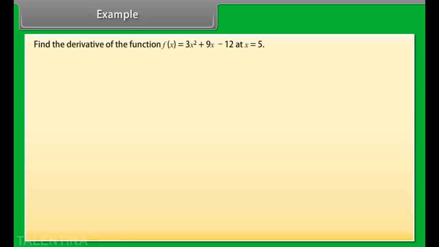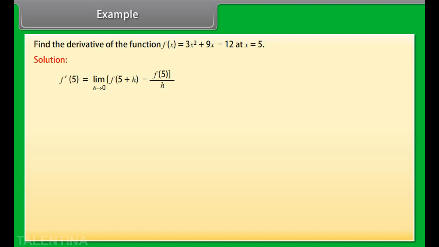Example, find the derivative of the function f of x is equal to 3x square plus 9x minus 12 at x is equal to 5. Solution. f dash of 5 is equal to limit h tends to 0 of f of 5 plus h minus f of 5 by h.